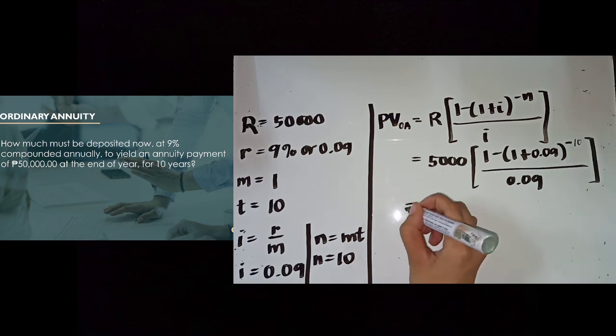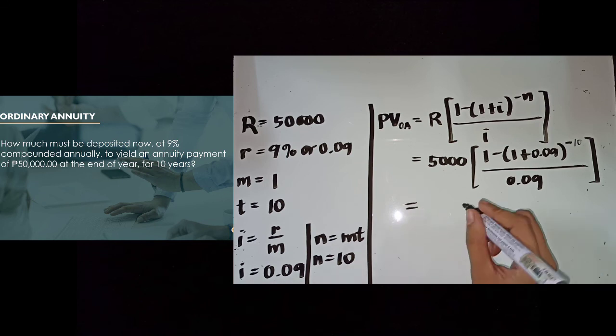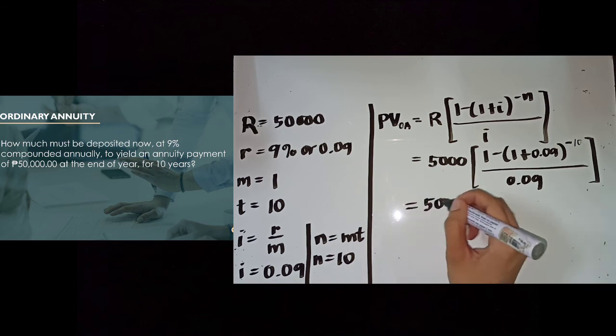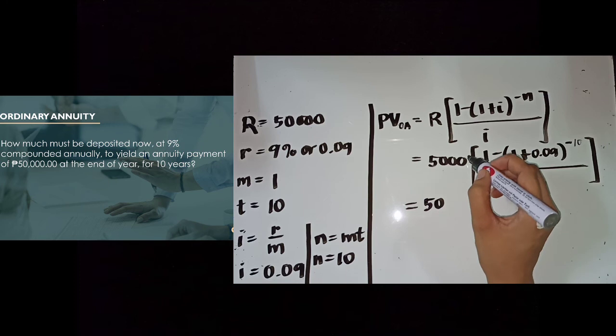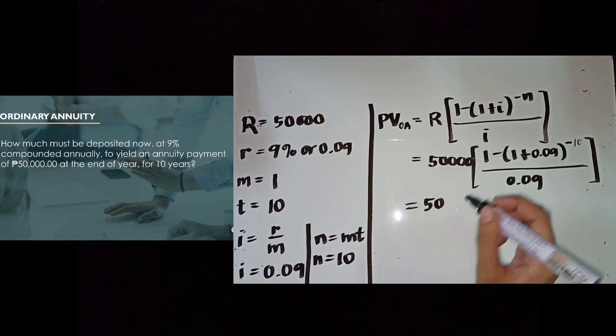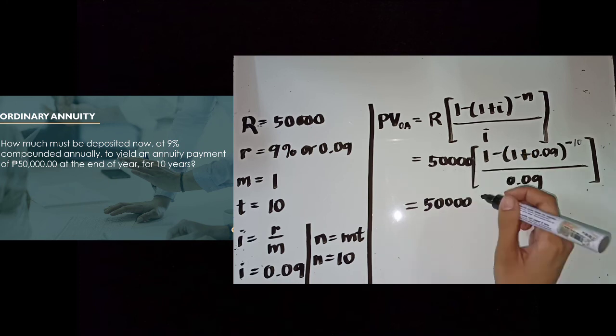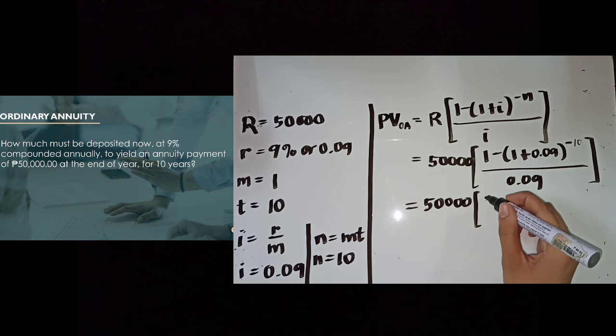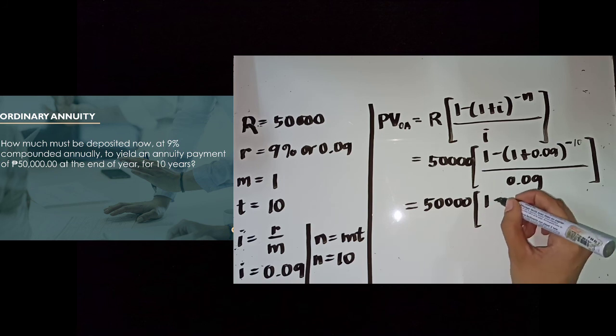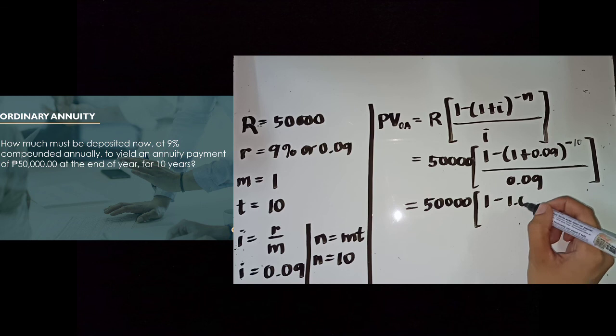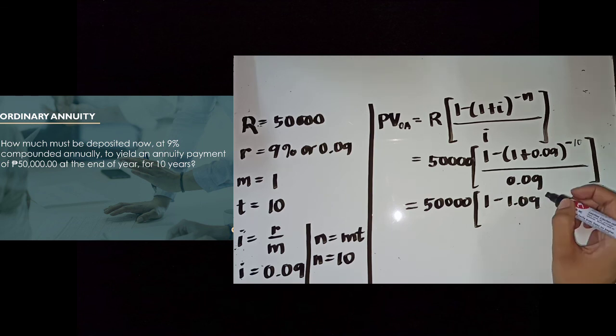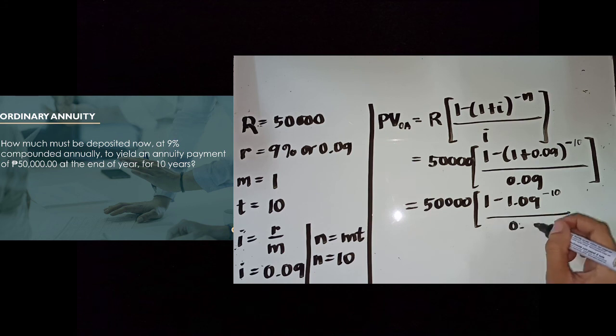Okay, so that is equal to 50,000. So, 50,000 multiplied by 1 minus 1.09 raised to negative 10 over 0.09.